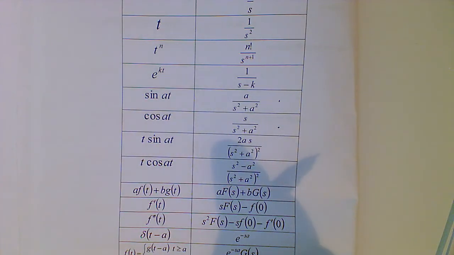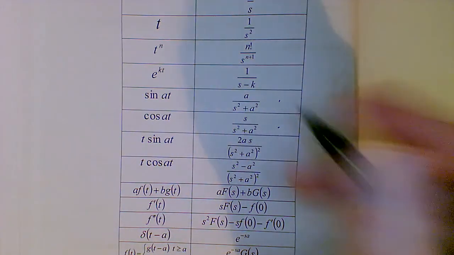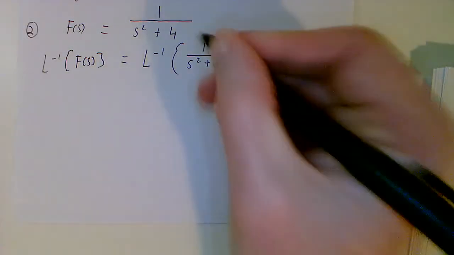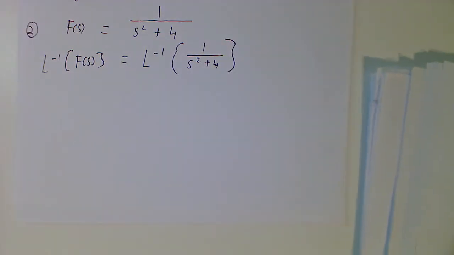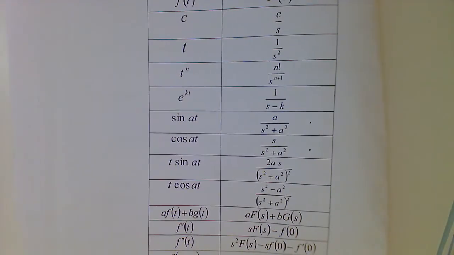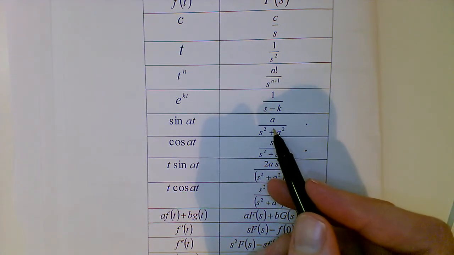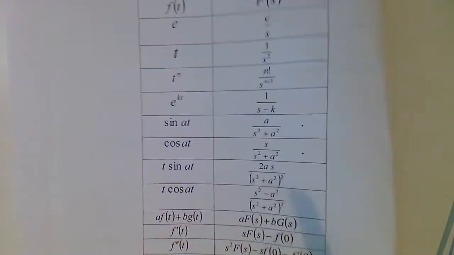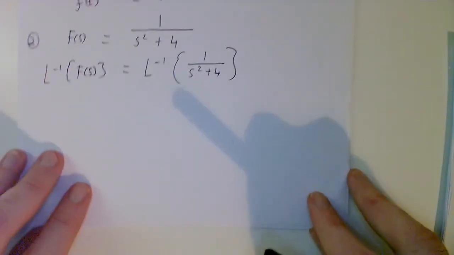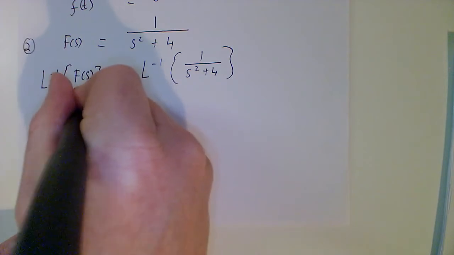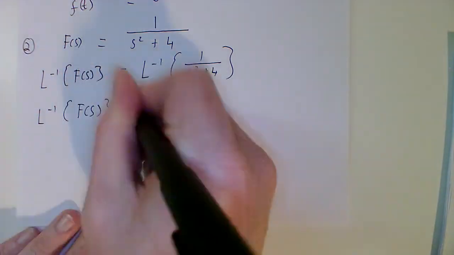Then I have a look: does my function have an s on the top? Remember, s is the most important letter in this. No, it doesn't. So if it doesn't have an s on the top, that means it must be sine. Now this is a crucial bit.